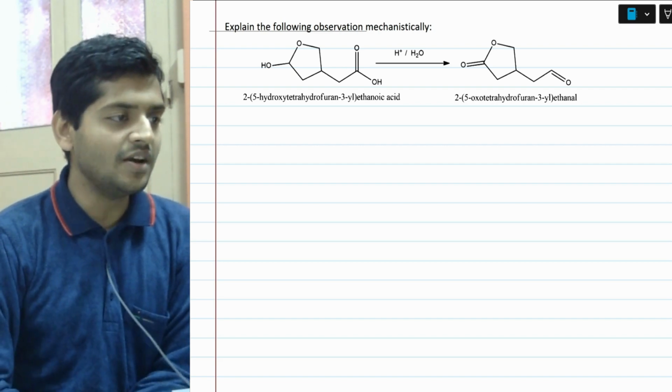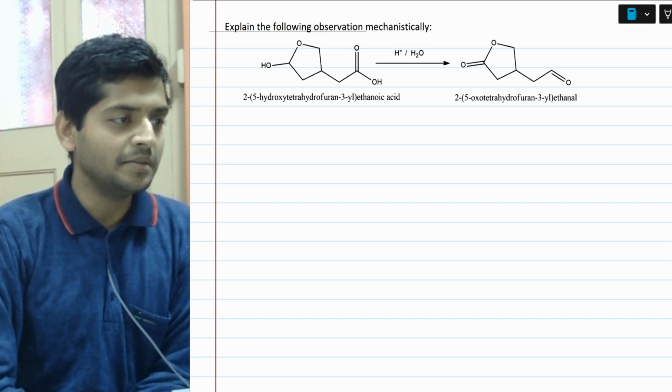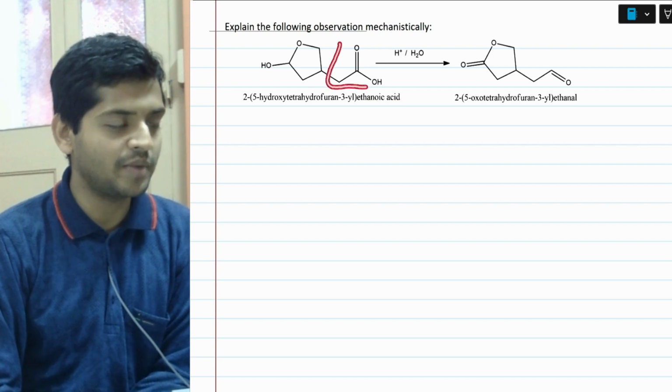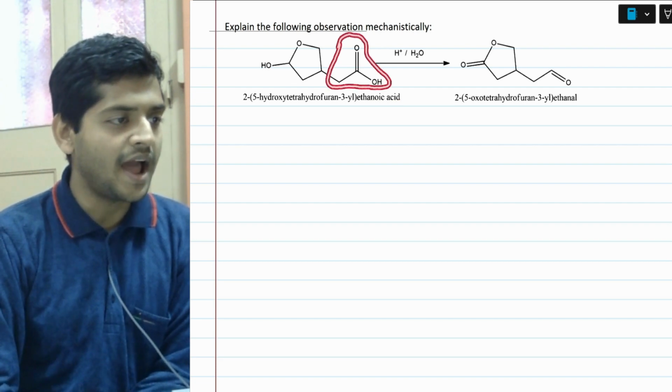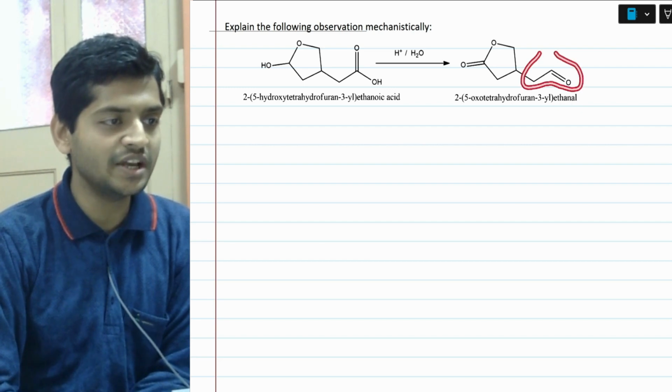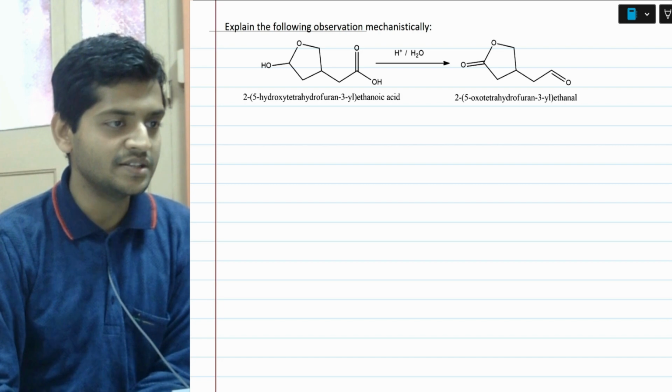So as you can see, on the left hand side, the main chain has 2 carbons, which is the ethanoic acid part, and on the right side you have the main chain with 2 carbons, which has the aldehyde part. So it is the ethanal part.